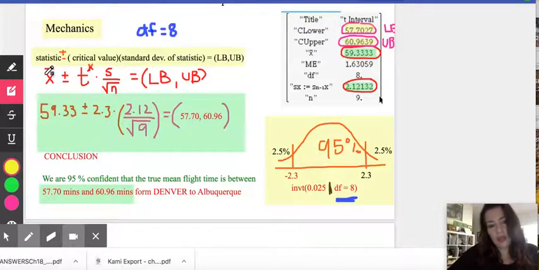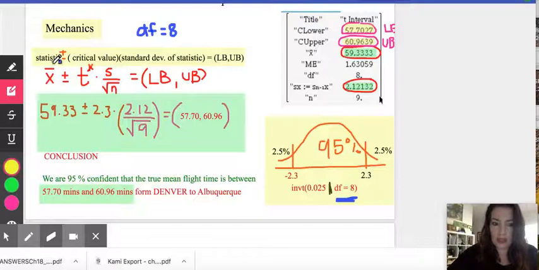Using our formula, it's important to write down the formula. You could choose to write it in words or symbols. I would stick to words, because if you mess up the symbols, you will get points taken off. The formula, which is given on your formula sheet, is statistic plus or minus your critical value times the standard deviation of the statistic, which will give you your lower bound and upper bound.